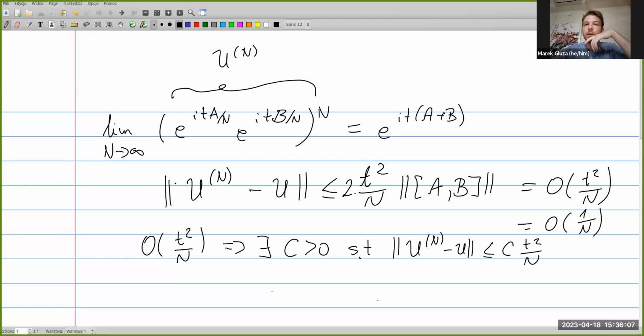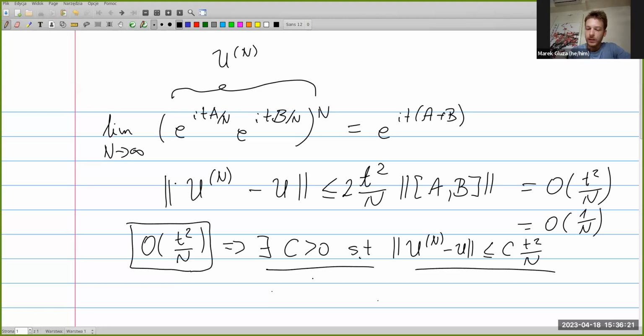And is there something in chat? Okay, no, nothing in chat. If there are some questions, just interrupt me. So if I write something like this, then there exists a constant such that this holds, and we see that in this example here my constant c would be 2 times the operator norm of the commutator of a and b.